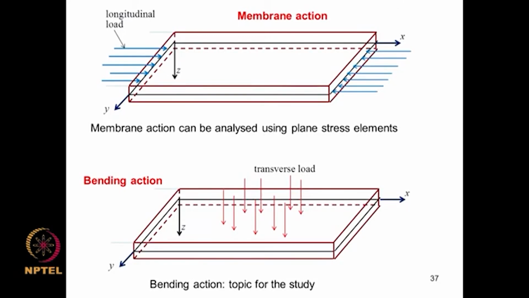After the foray into certain computational aspects, we returned to the question of element development, and we moved on to two dimensional elements. We considered the membrane action due to in-plane loads and bending action due to transverse load. So we began by discussing membrane action.